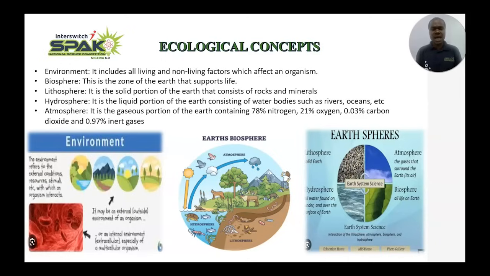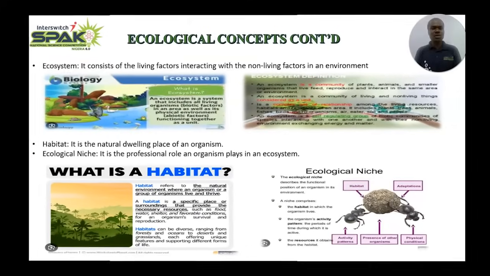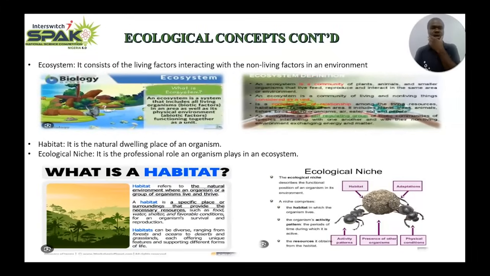So when you look at the atmosphere, you can talk of different parts or elements of it. That is ecological concept. You have the concept of the environment, the biosphere, the lithosphere, the hydrosphere, the atmosphere. You have the concept of the individual, population, community, all together.